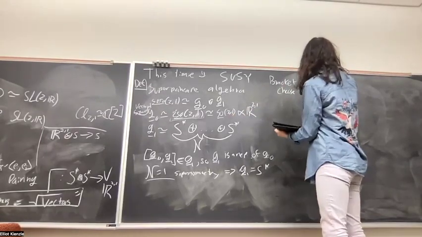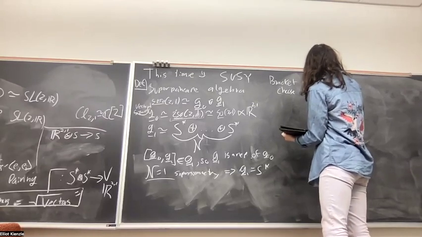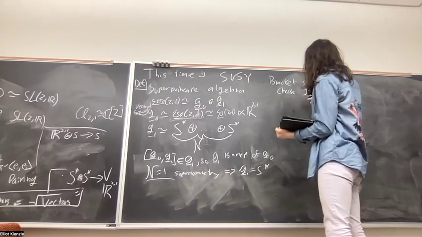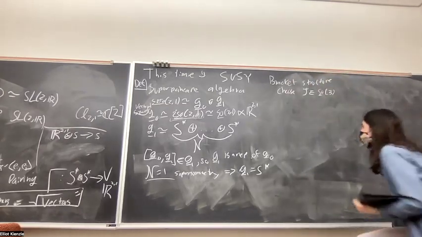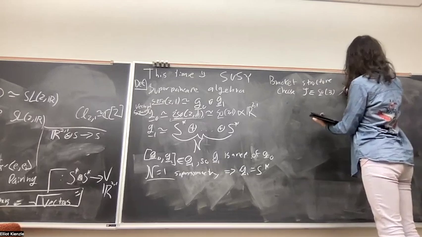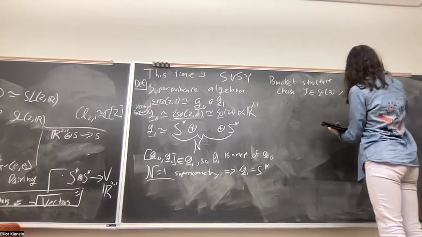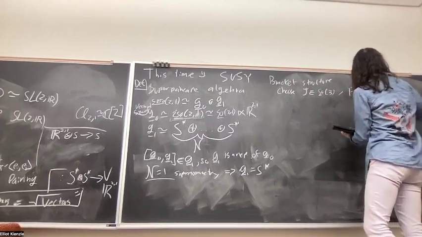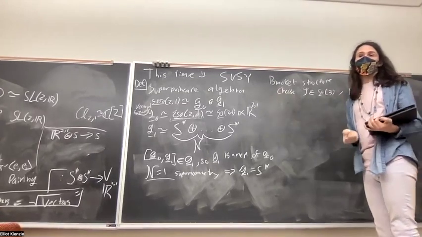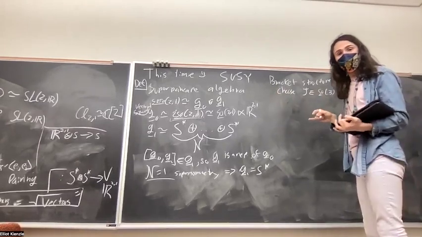We're going to choose a generator J inside of SO3. J represents an element of SO3, P represents an element of R^{2,1}, and Q represents something in the odd part, which is an element of one of those spinor representations. This is just schematic right now.